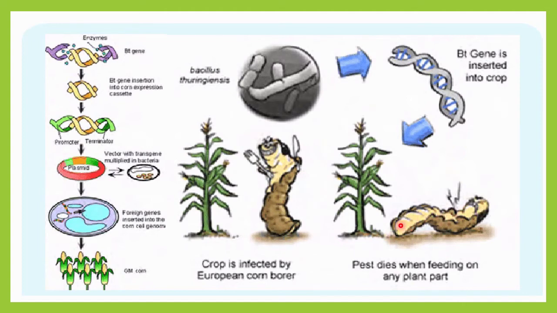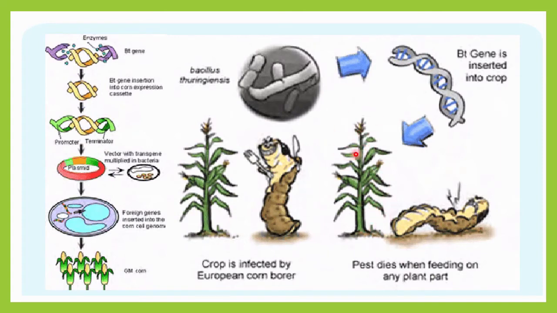You know very well now where it will be activated, inside the midgut. And if you see, this is the normal plant, so the insect will enjoy the food. But if you modify this plant, then what happens? Pests will die when feeding on any plant part, because the whole plant is modified. The whole plant is a GMO.